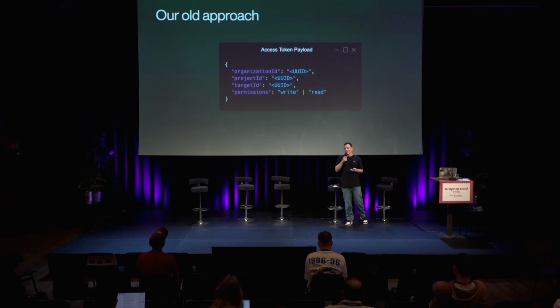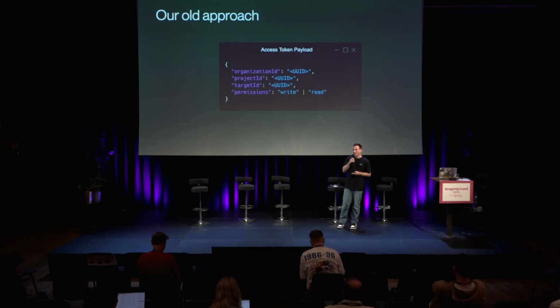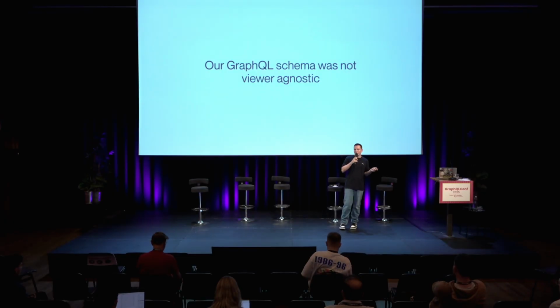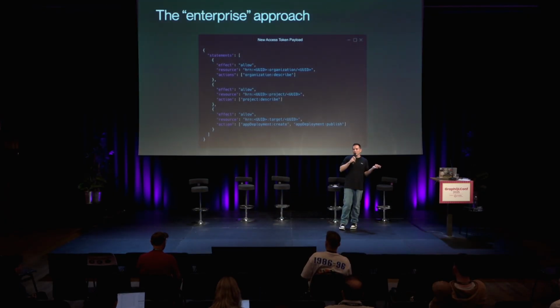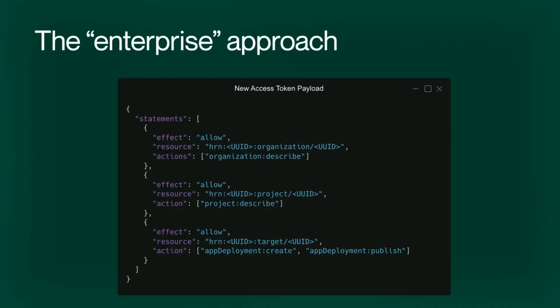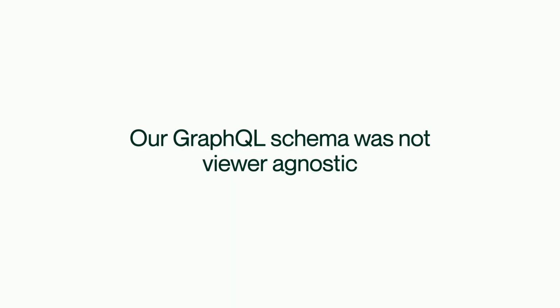So our old approach to authentication was not up to that. It was very simple. So we needed to transition into something more complex based on policy statements, which we eventually did.